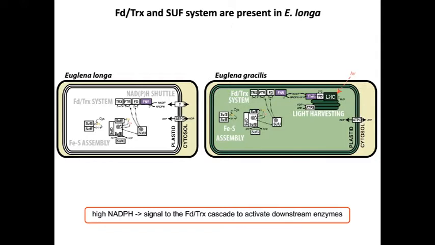So the ferredoxin thioredoxin relay system in Euglena longa apparently derives from this system and is supported by the activity of the SUF assembly, which is an iron-sulfur cluster assembly system that assembles and delivers iron-sulfur clusters to ferredoxin and ferredoxin thioredoxin reductase.